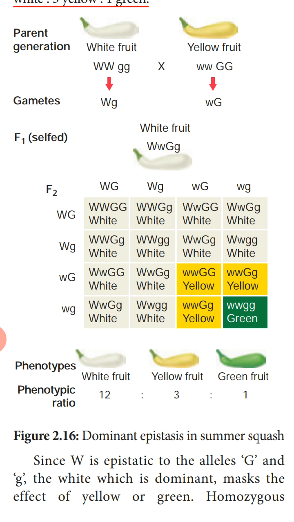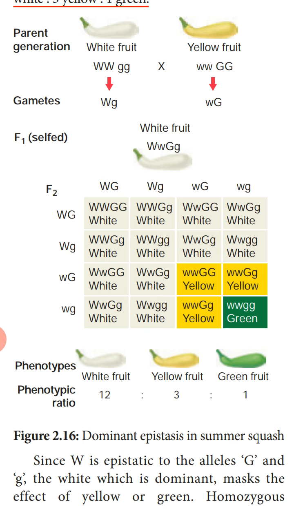When the cross is done, when capital W is present, the plant will be a white fruit. In the absence of capital W, another color will be exhibited. If it is recessive small w and capital G is present, in homozygous or heterozygous condition, the color of the plant will be yellow.